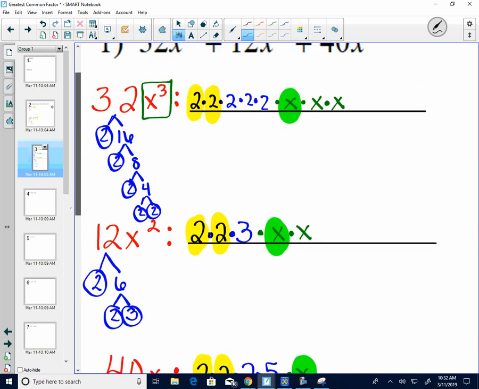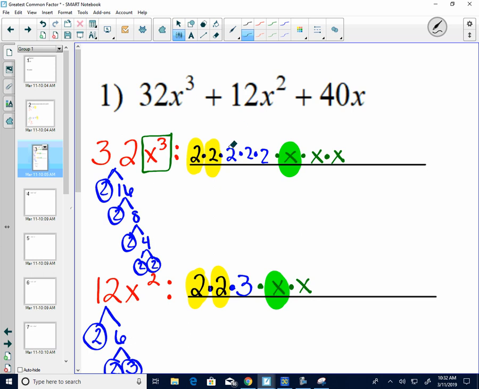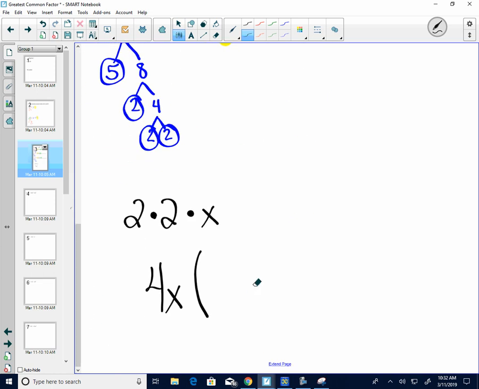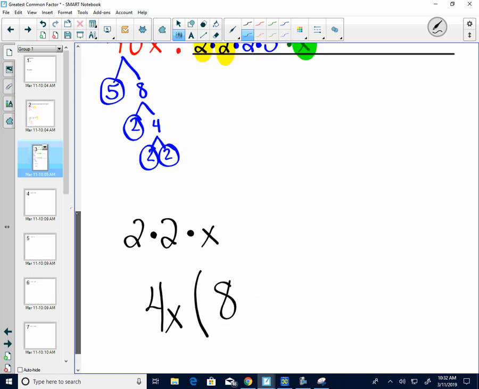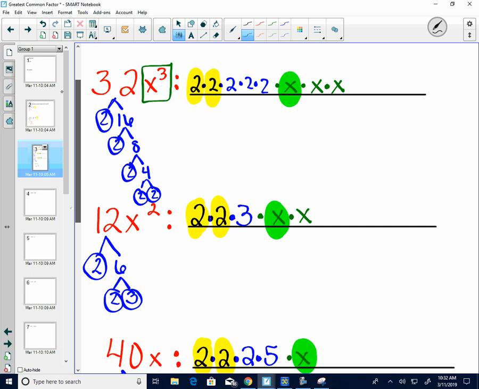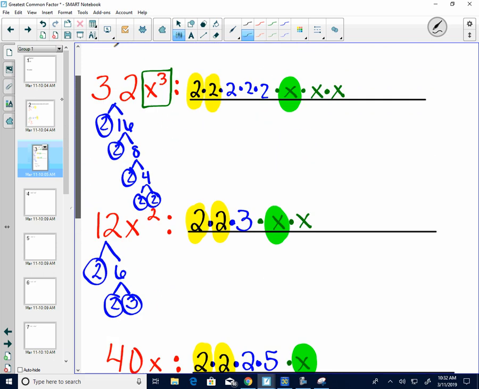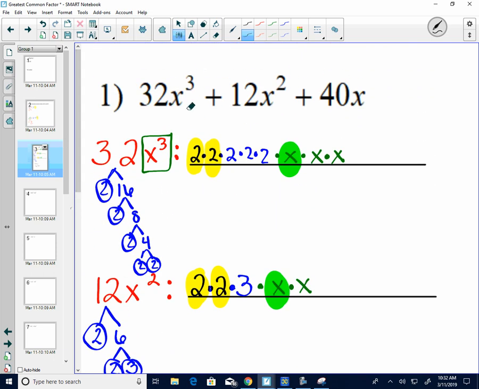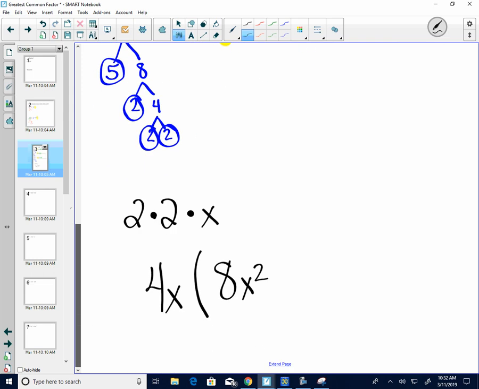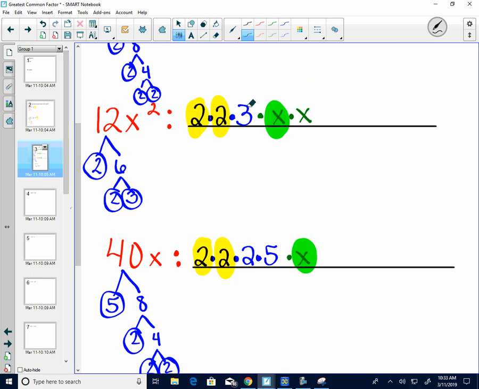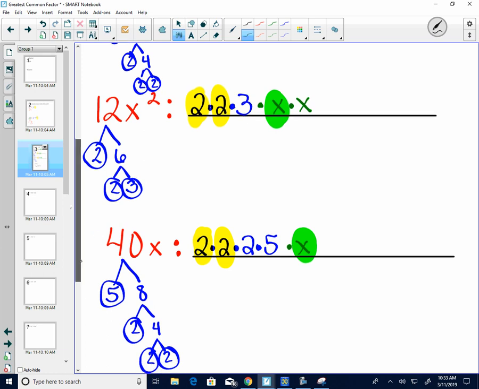So what do I have left in this first term? I have 2 times 2 times 2, which is 8. So in this first term, I've got 8 left. And I've got x times x, which is x squared. And it was a plus sign in between. So plus. In this second term, I have a 3 and an x left.